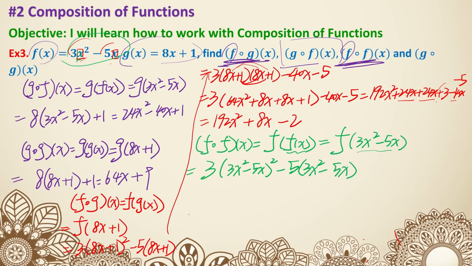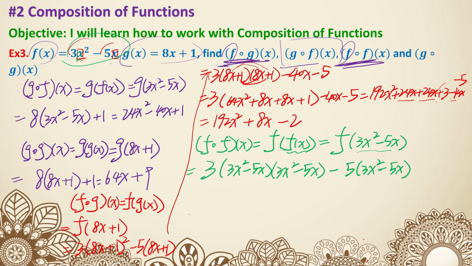So the more you do it, as soon as you see a square, you can already write it twice. So it's actually saving you a little bit. Write it twice, 3x squared minus 5x, and then minus 5 times the 3x squared minus 5x.